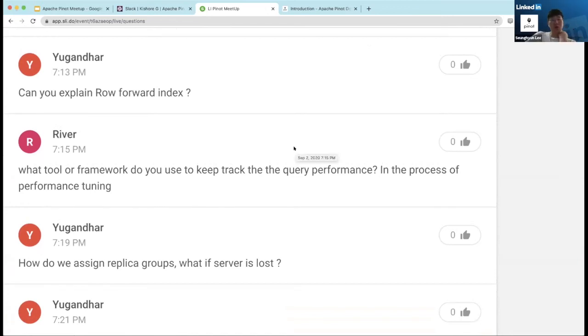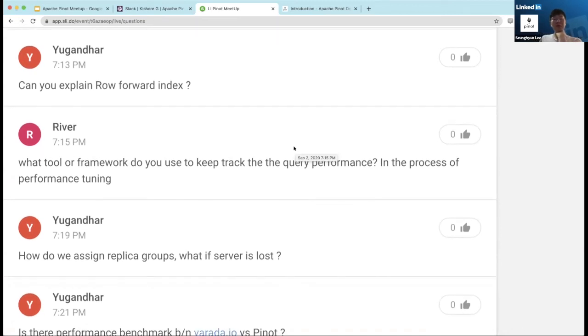Okay, so basically the forward index is the index where we are given a document ID, and we need to look up the actual column value. By default, instead of storing all the raw values of the column, we use dictionary encoding to have better compression for the column data. But that particular use case that we saw on the feed was that the dictionary was actually the bottleneck.